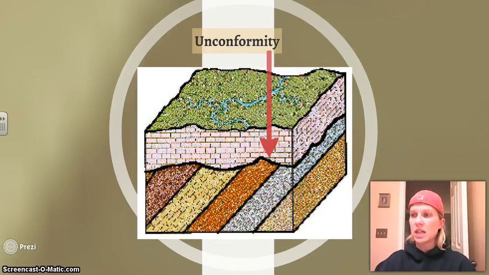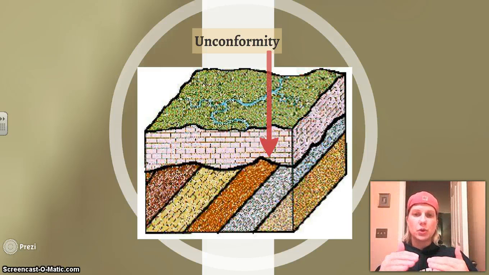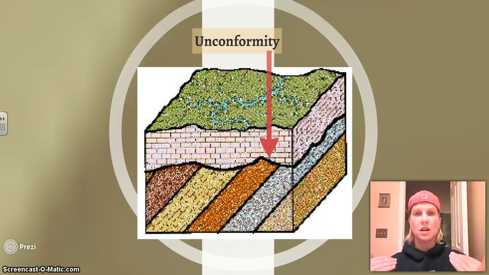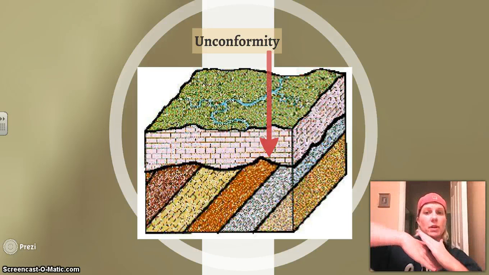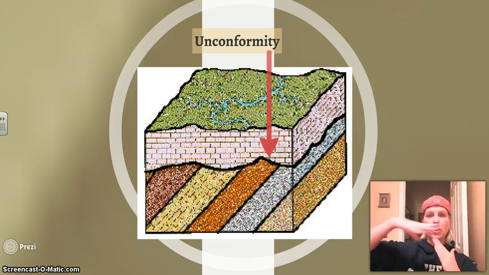So an unconformity is a gap in the rock layer due to erosion. So we can see right at that black line where the arrow is pointing, there's a definite difference between the rock below that black line and the rock above that black line. So we can see the rock below it at some point in time was horizontal, but has tilted. And it tilted, and then the rock was eroded away.